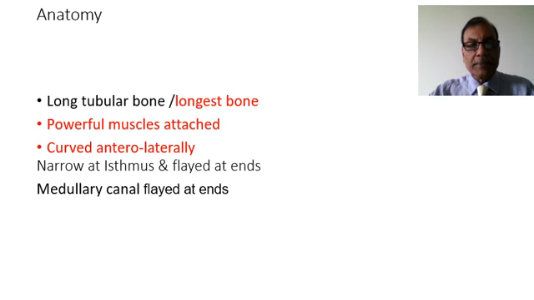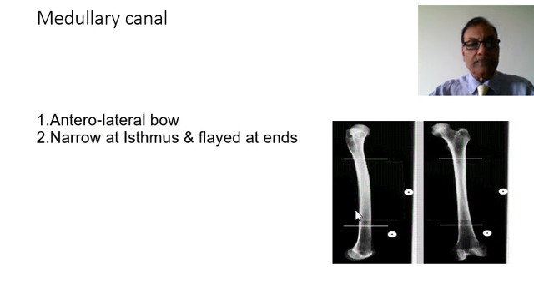So remember, they will not be snugly fitting with the cortex, and it won't be a good fixation when there is a fracture in the ends of the bone. So this is anterolateral bowing, and you can see the narrowest part is at the isthmus. It is usually at the junction of upper third and lower two-third.